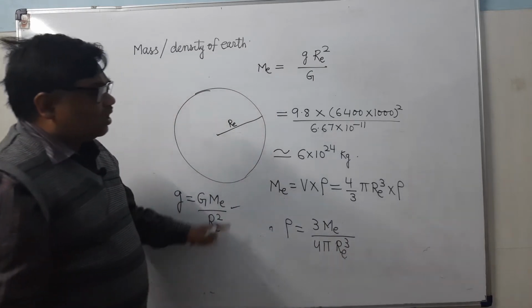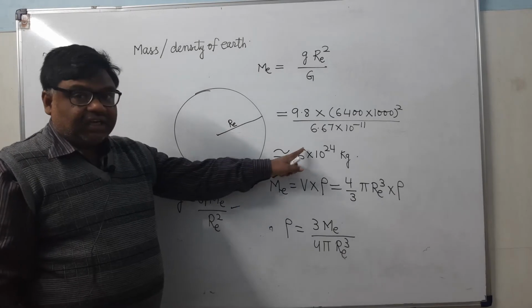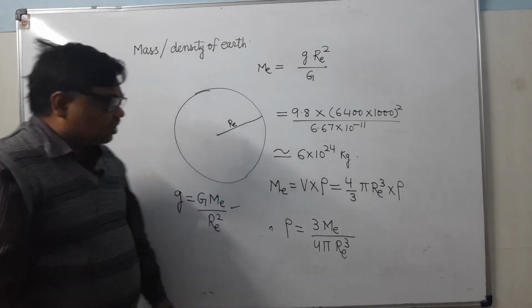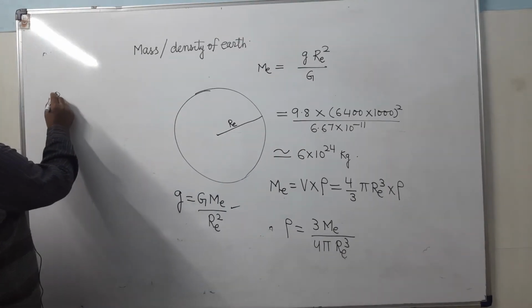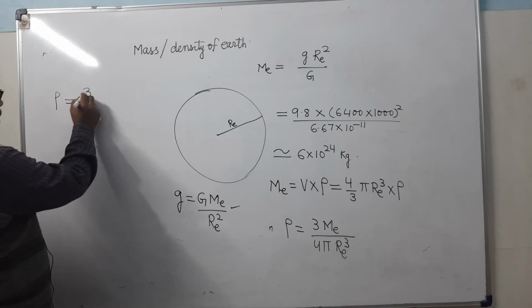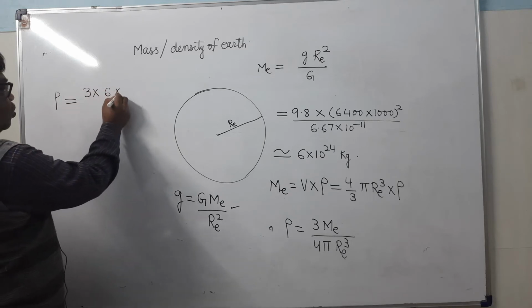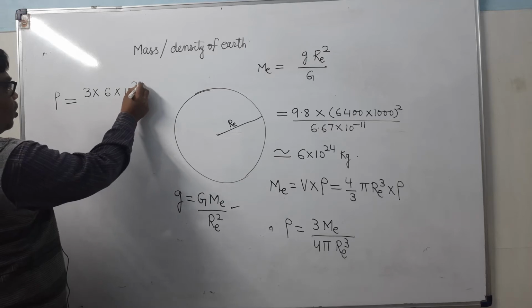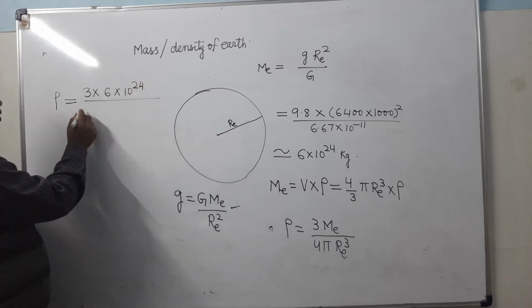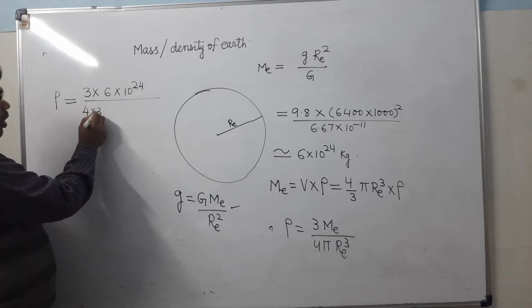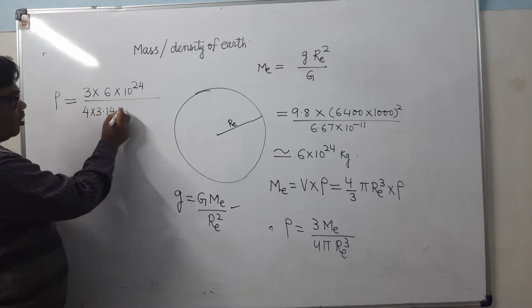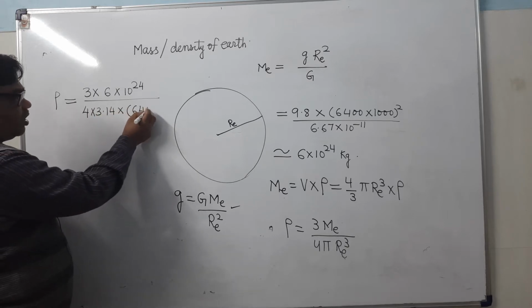Since you have already calculated the mass of the earth, by substituting the known values of other quantities, rho equals 3 into 6 into 10 to the power 24 divided by 4 into 3.14 into Re, which is 6400 kilometer.